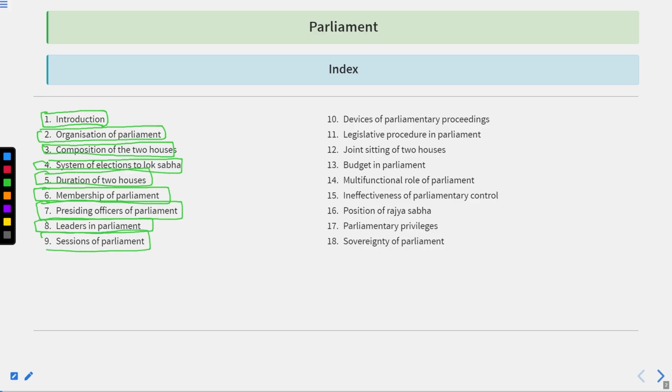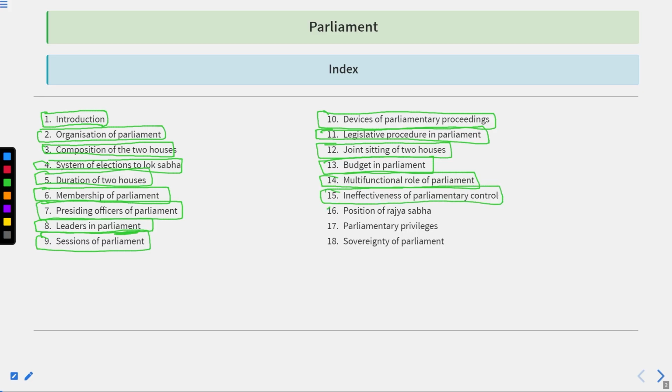thereafter sessions of parliament, thereafter the devices of the parliamentary proceedings, thereafter legislative procedure in parliament, thereafter joint sitting of two houses, thereafter budget in parliament, thereafter multifunction role of parliament, thereafter the ineffectiveness of the parliamentary control, thereafter position of Rajya Sabha, thereafter parliamentary privileges, and then the sovereignty of parliament.